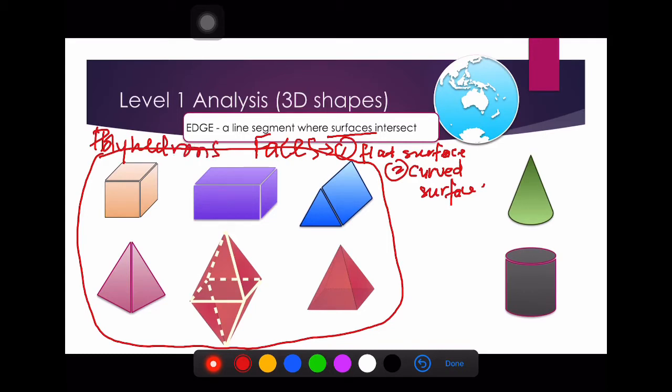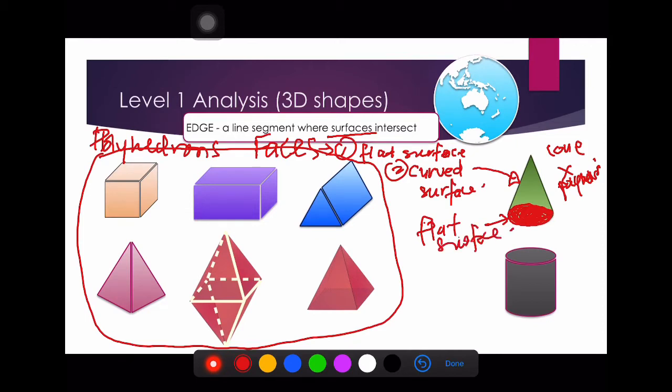Now for curved surfaces, you can see that, for example, this cone has a curved surface here, but it also has a flat surface at the bottom. This flat surface at the bottom is not called a face because a cone is not a polyhedron. So this is called a flat surface.